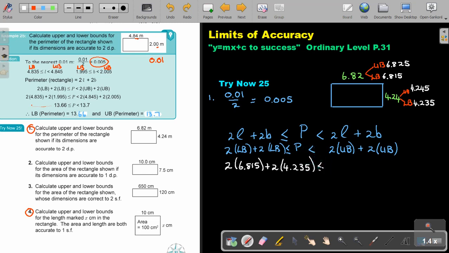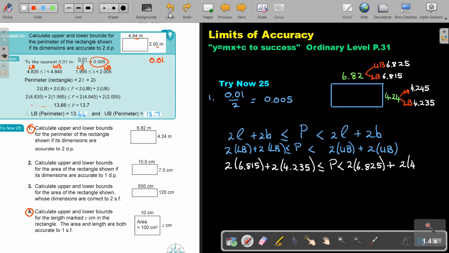And then remember that this is the perimeter, so it's 2, and then the upper bound for this one is going to be 6.825, and the upper bound for this one is going to be 4.245. Sorry, I wrote it incorrectly there, let's make it correct.